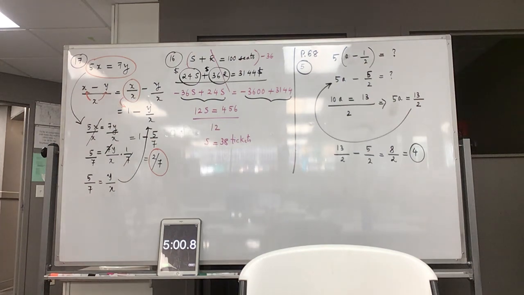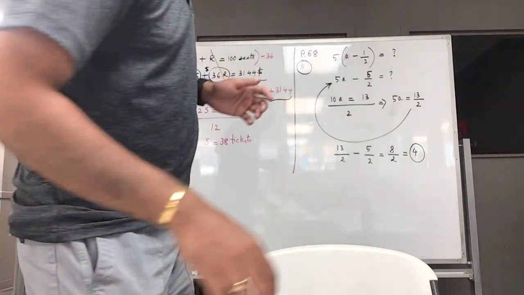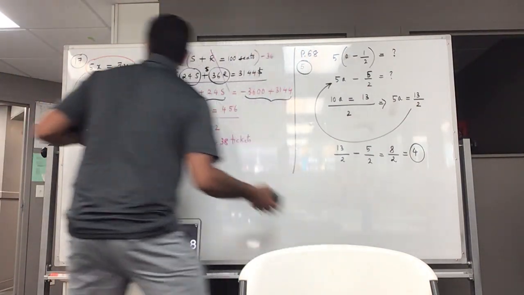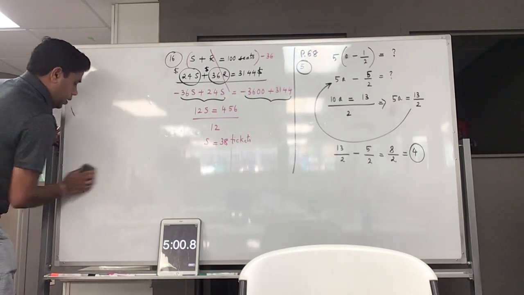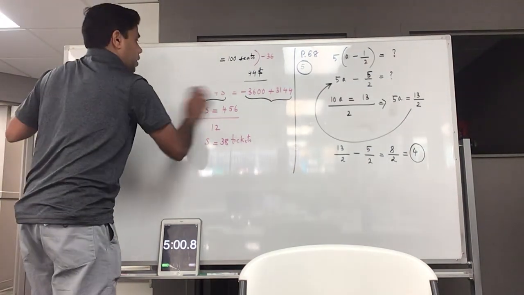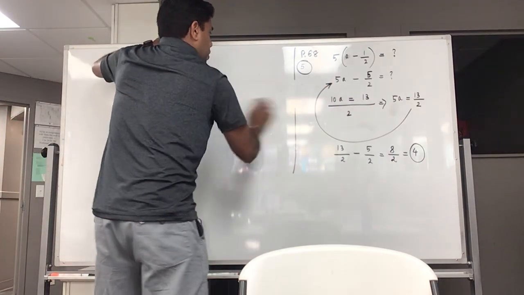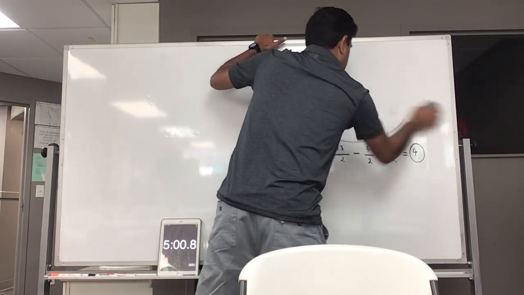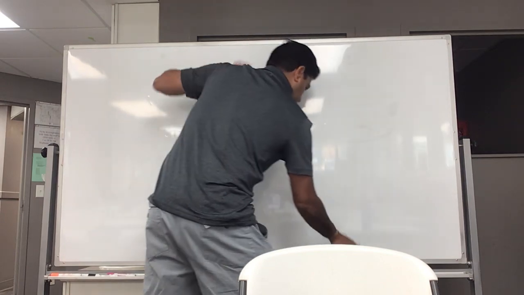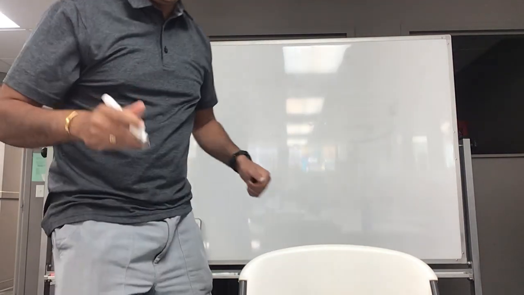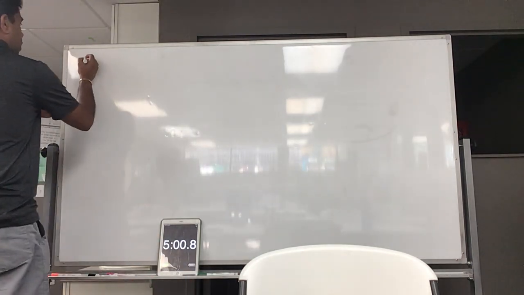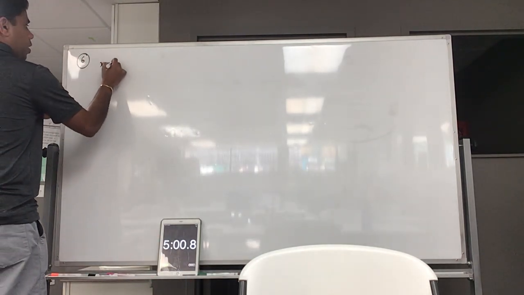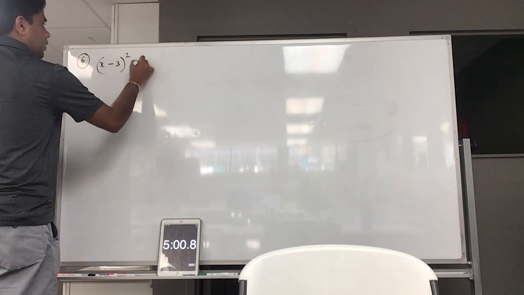All right, let's go to question number 6. Let me erase this quick here. X minus 3 squared is equal to 16.